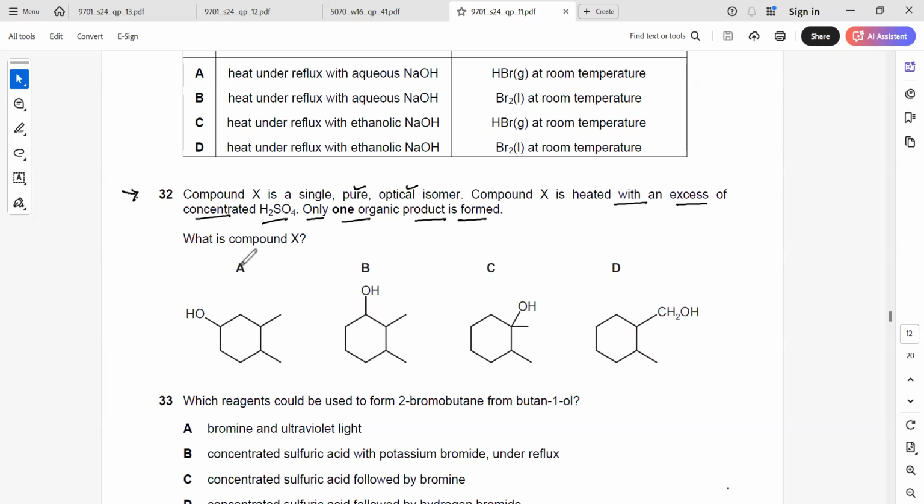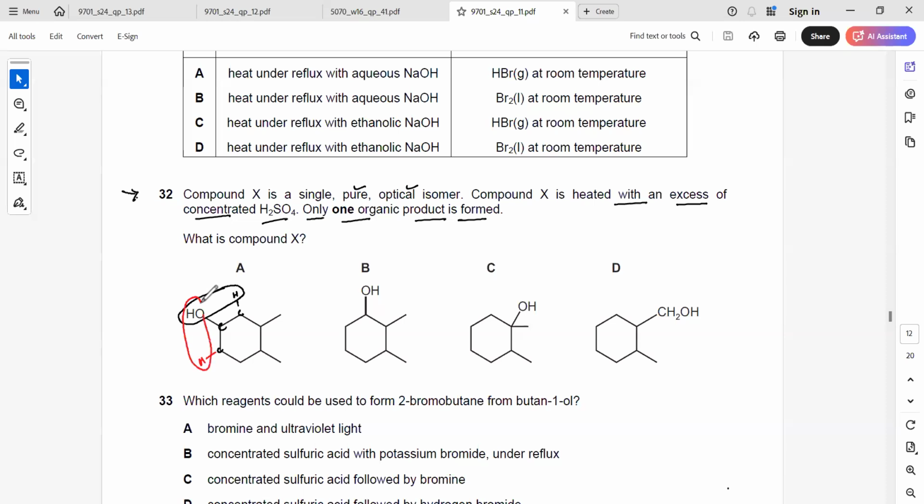So if we look at option A here, we can see there is a carbon with which the OH group is attached. So it can show elimination by losing water from this position, or it can also show the elimination of water.